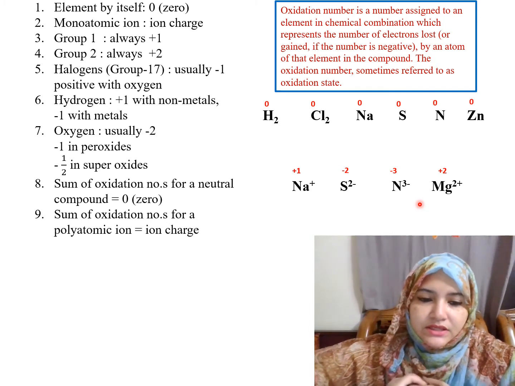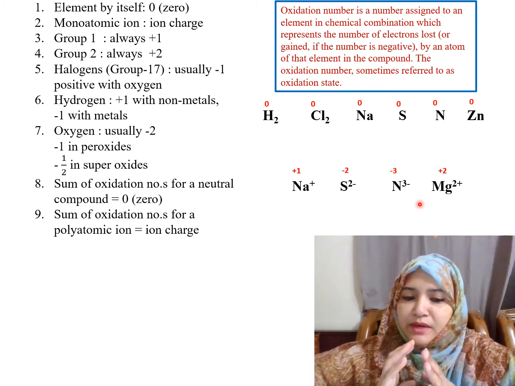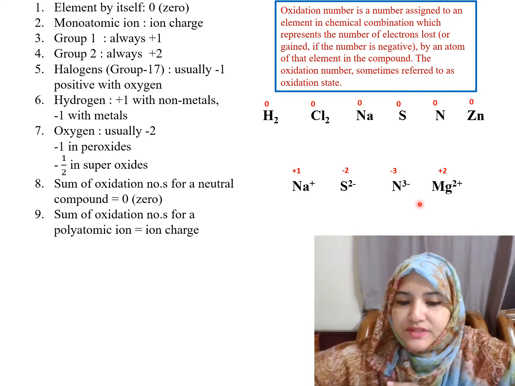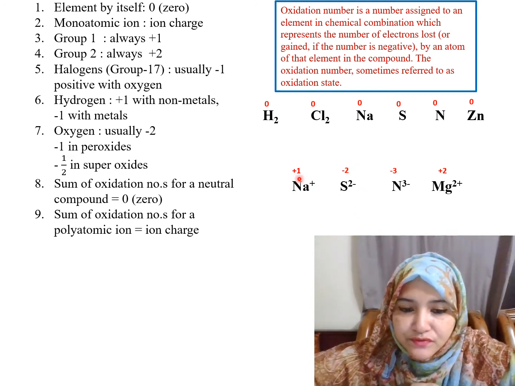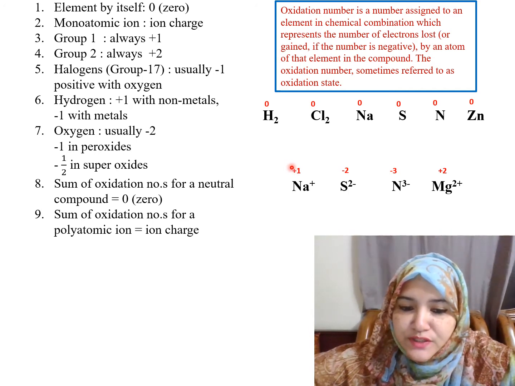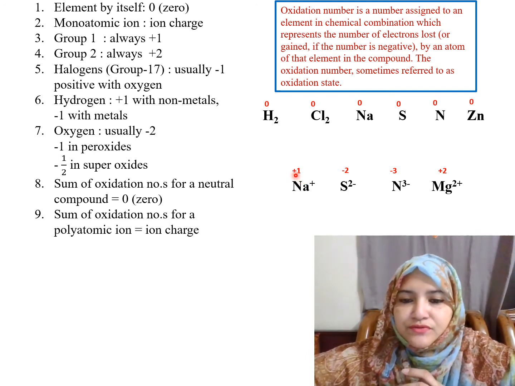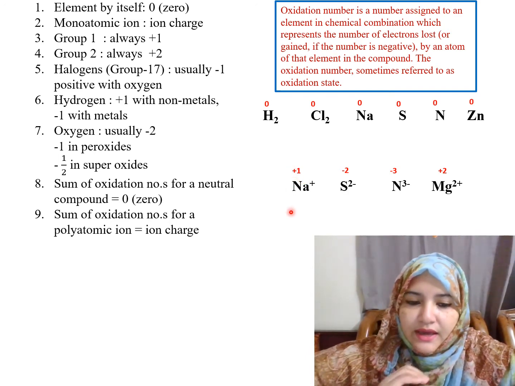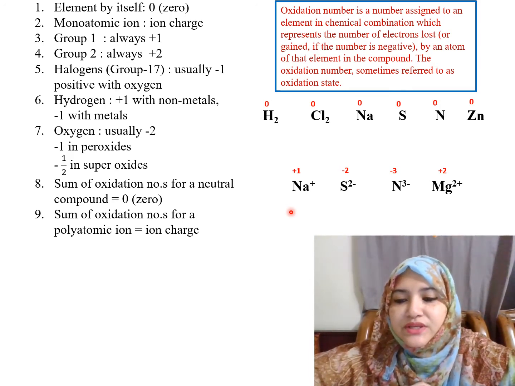You have to keep this in mind when we write the oxidation numbers: the sign comes first. That means we have to put plus or minus in front of the number. This is the opposite of how we write the ionic charges.